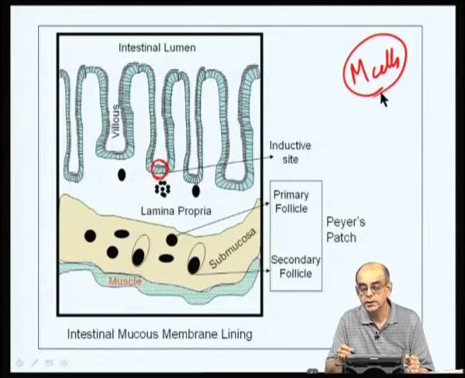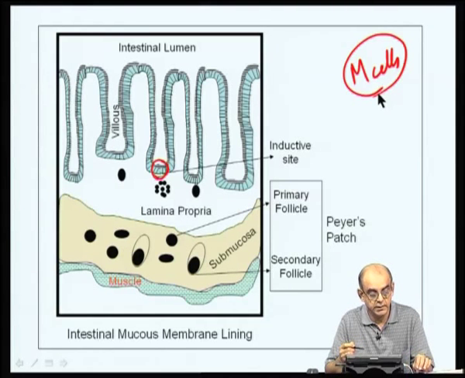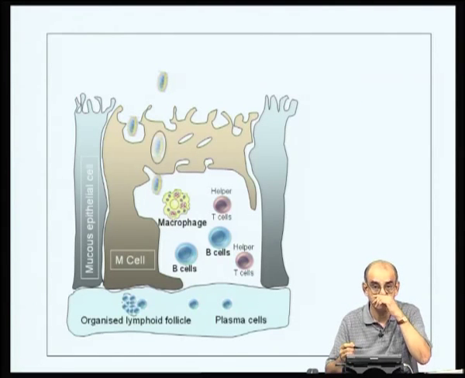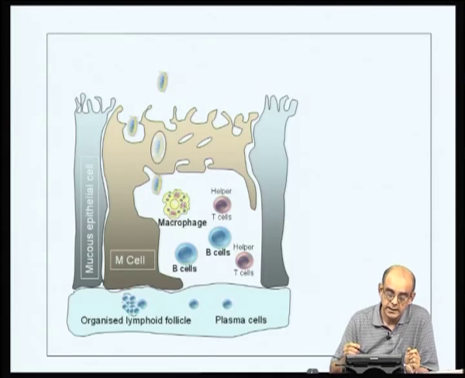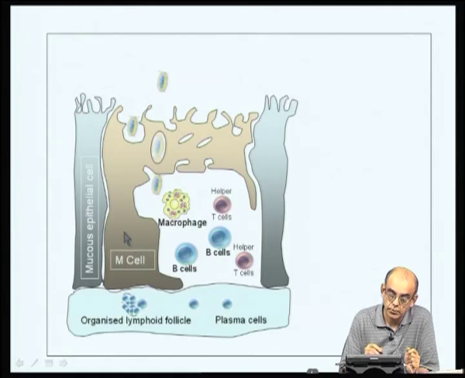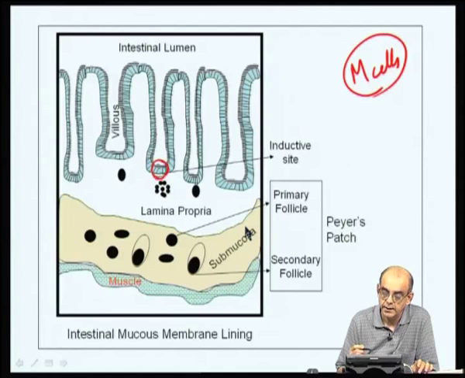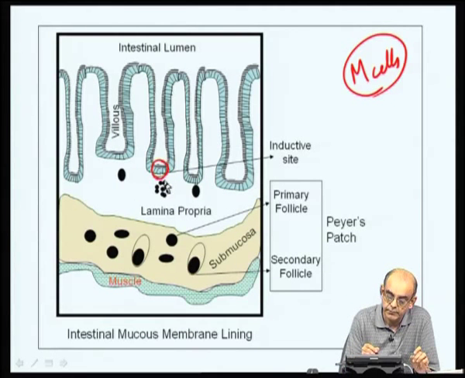So, in order to see the nature of the M cells, we will go into the next slide, which shows you the structure of an M cell. What you are seeing here is this particular area, consisting of the other villus cells and an M cell associated along with these various mucosal villus cells.